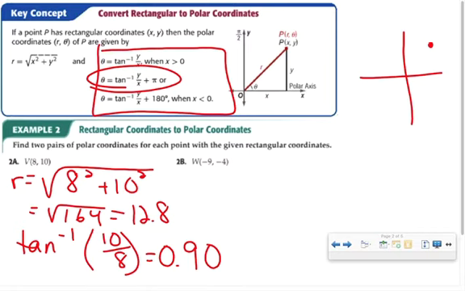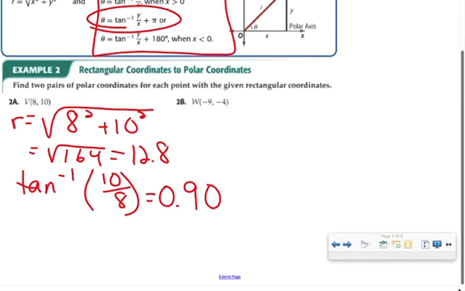For example, if I had come up with an angle that was way out here, you should realize that doesn't make sense. 0.90 is less than half of pi. So you have to make that connection between this rectangular grid, the unit circle, and the radians. Okay, so the inverse tangent that I found was fine. So my polar coordinate in part A is 12.8, comma, 0.90.